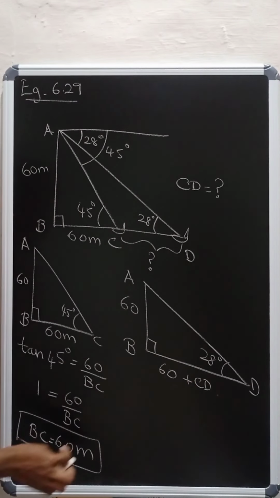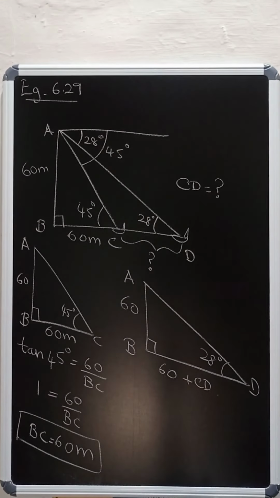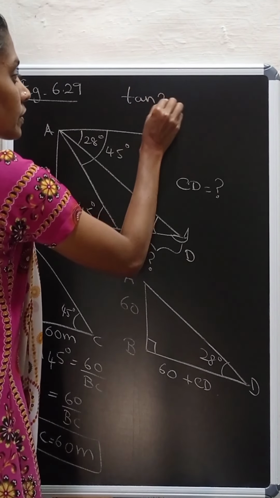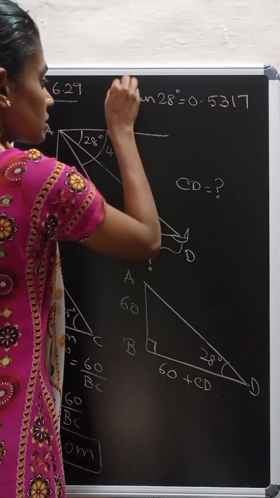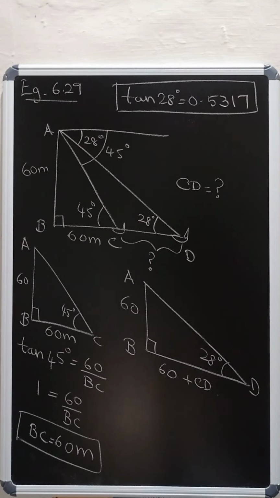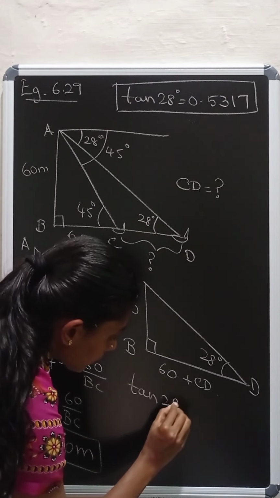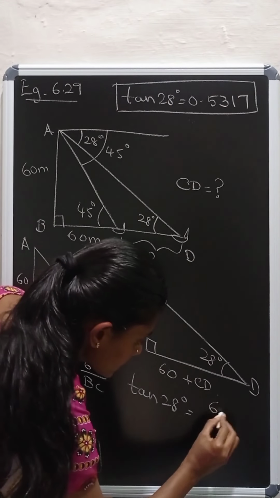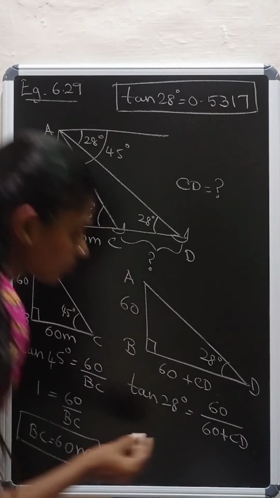Now again we will use tan value and we will find the value of CD. In the question they have given tan 28 degrees is equal to 0.5317. So we are going to use this value here. Tan 28 degrees is equal to opposite 60 by 60 plus CD.